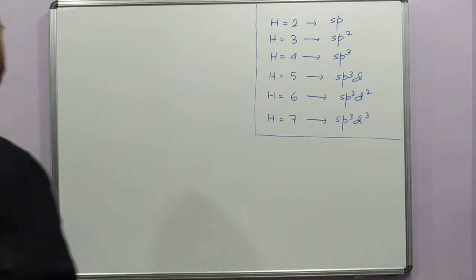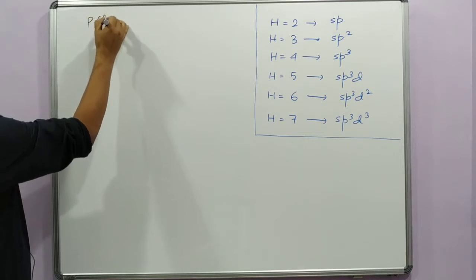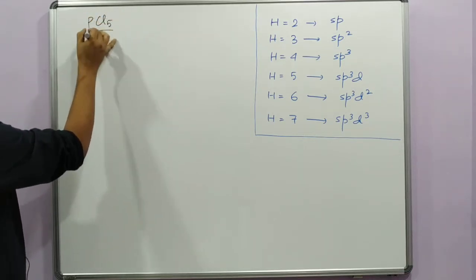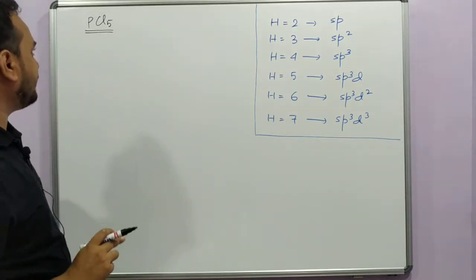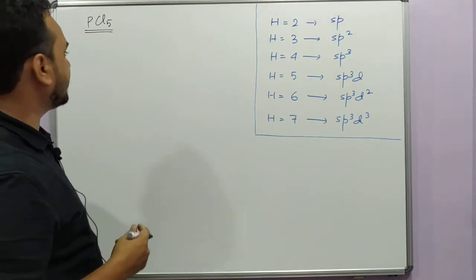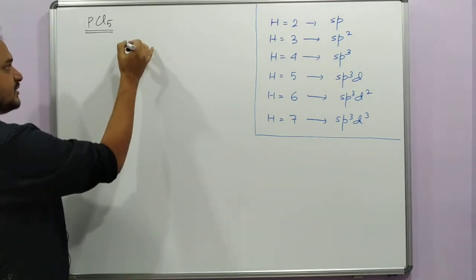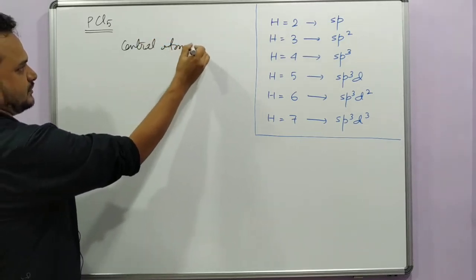The next example we are taking is phosphorus pentachloride. In the last video we discussed PCl5 and we have seen there that the central phosphorus is sp3d hybridized and it is trigonal bipyramidal. So let us check whether our formula gives the same result or not. Here the central atom is phosphorus.